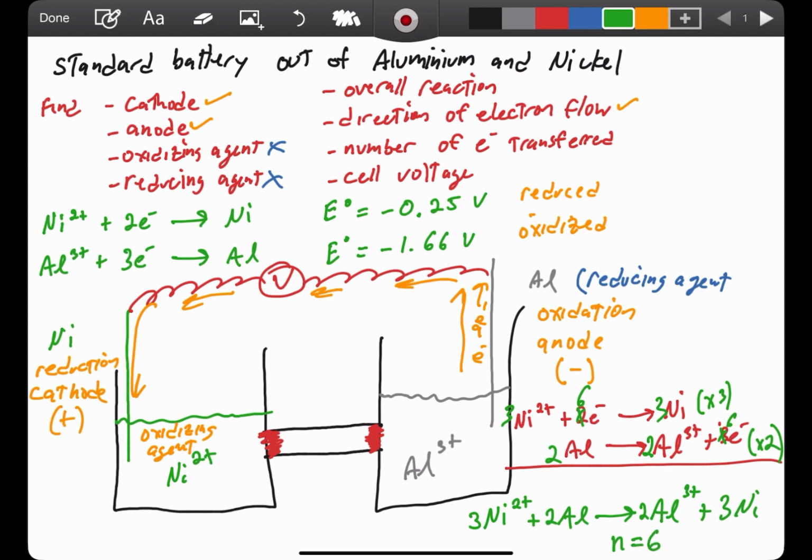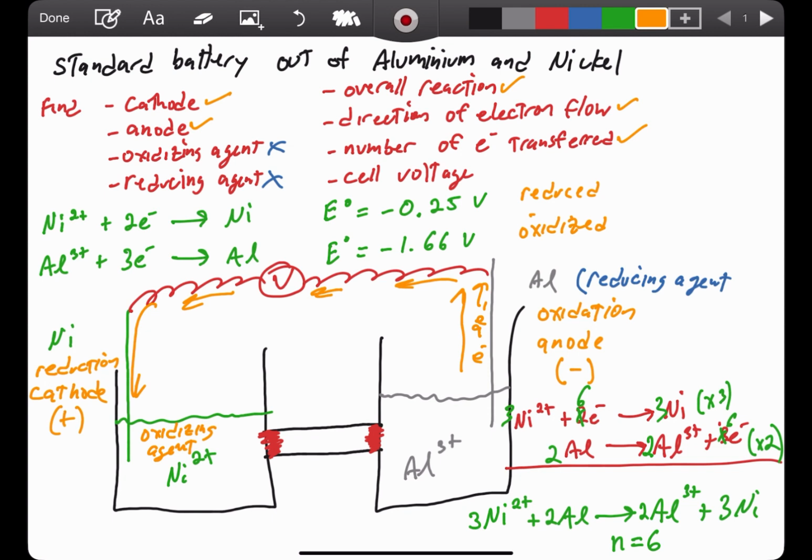I had 3 nickels gaining 2 each, so they gained a total of 6 electrons. I had 2 aluminum atoms losing 3 electrons each, and so they lost a total of 6 electrons. So a total of 6 electrons were transferred. So we've got our number of electrons transferred, and we've got our overall reaction.